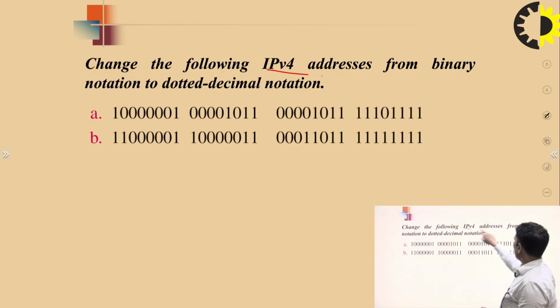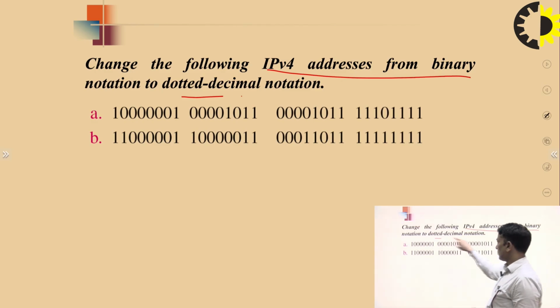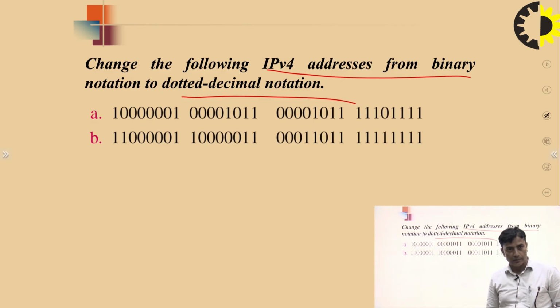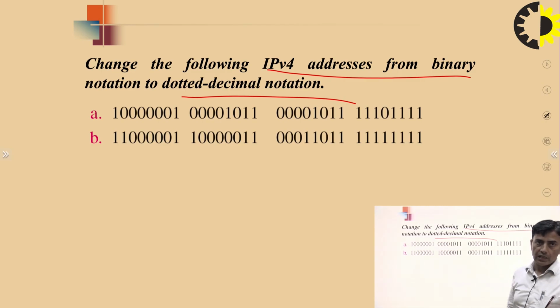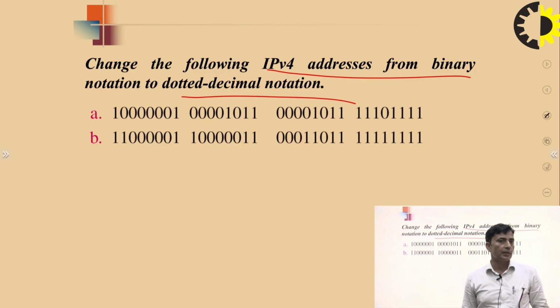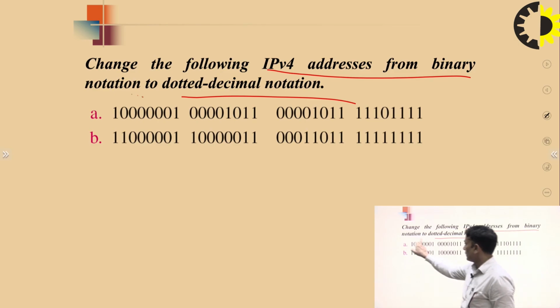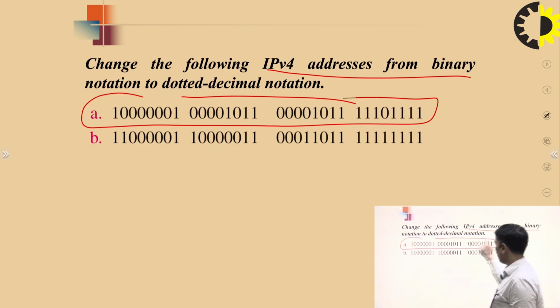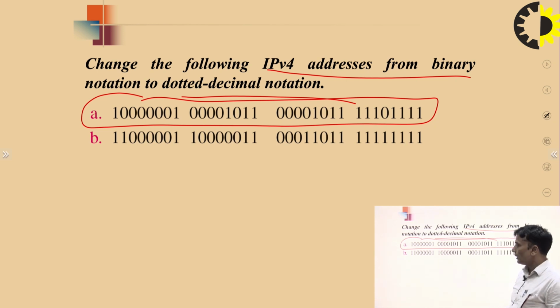Change the following IPv4 address from binary notation to dotted decimal notation. This is a simple question that arises in different competitive exams as well as university examinations. The first one is given in binary notation, and you have to convert it into dotted decimal notation. This is very important.